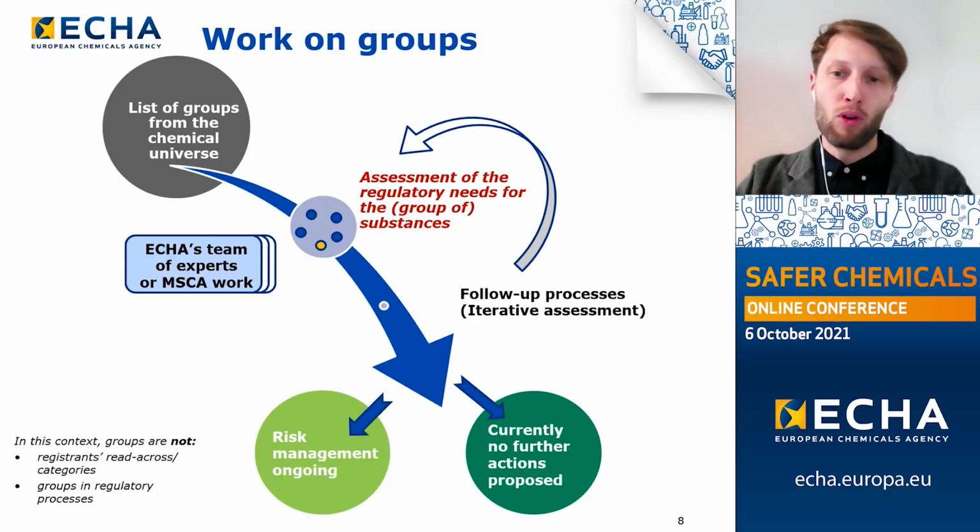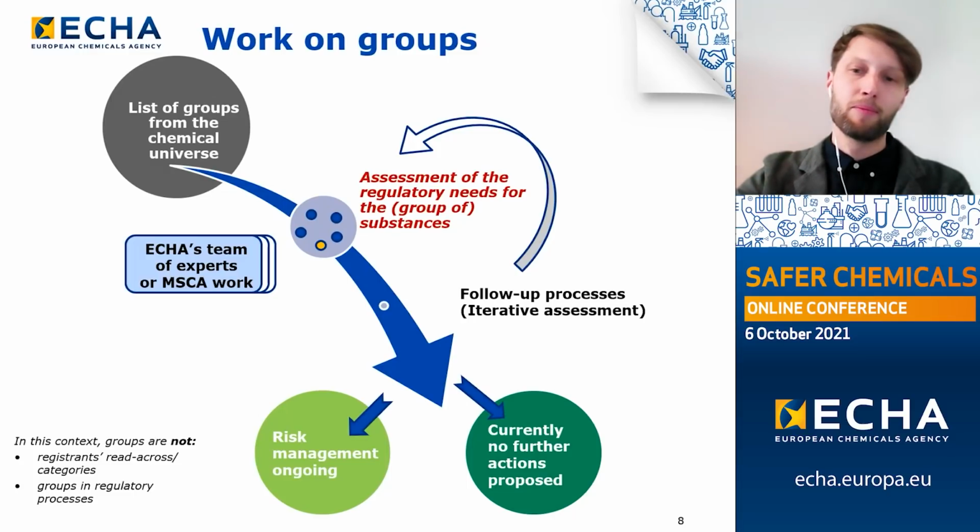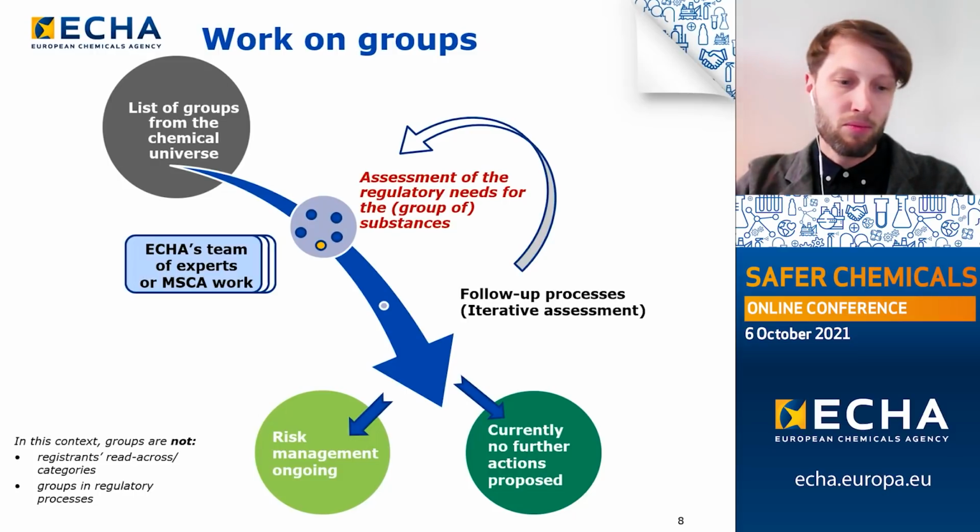We move forward with these chemically related groups, but we also sometimes exceptionally look at substances and groups which have the same function or the same use, or which are relevant for a specific industry sector. It is really important to stress at this moment that the groups that we build are not the same groups that registrants read across, according to REACH Annex XI 1.5, which would be the categories.